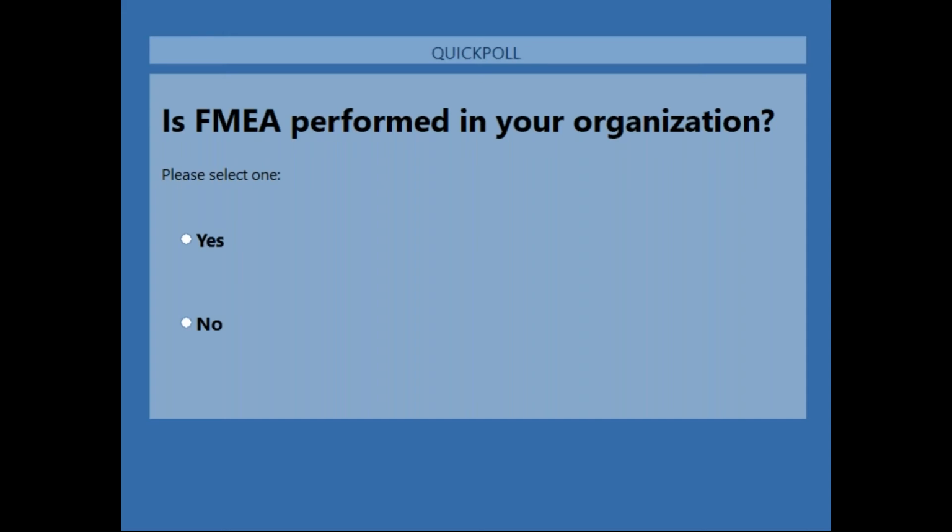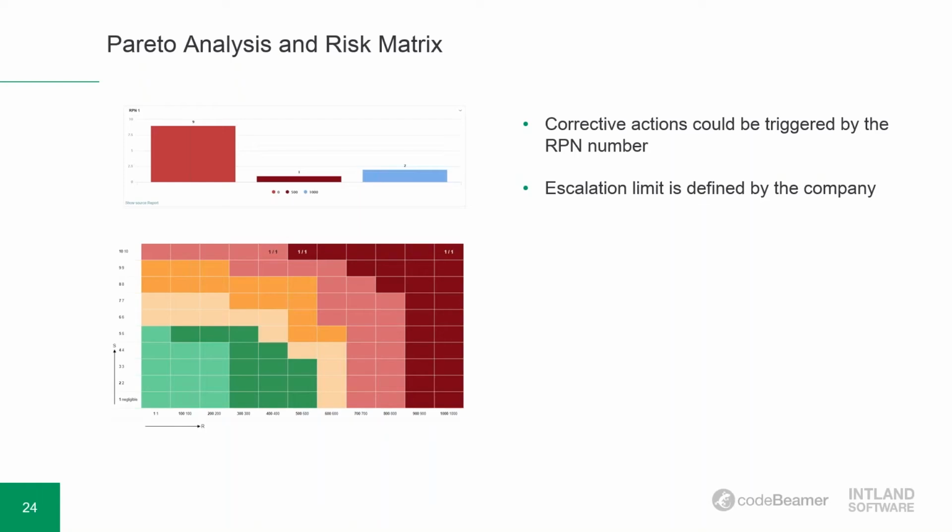Okay, so as I said before, when you introduce these actions and then you evaluate the numbers, finally you will be able to calculate the RPN number that will show the status of your current product. What can you do with these numbers? You can make a Pareto analysis.